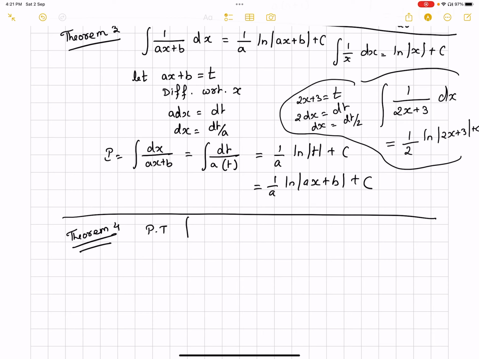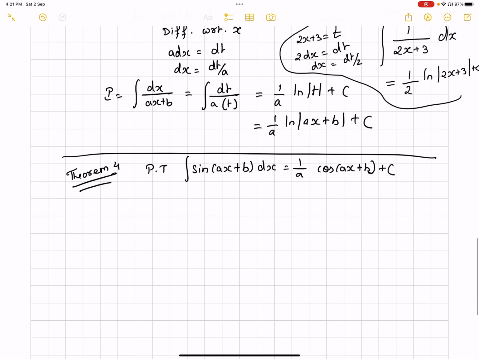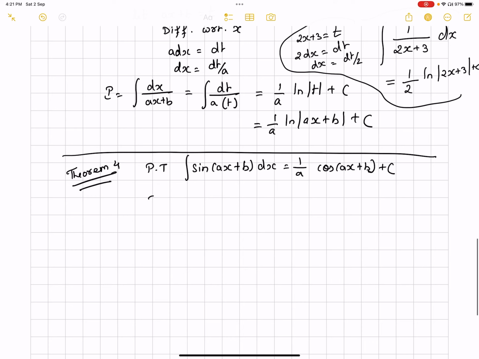Prove that integral sine of ax plus b dx is equal to minus 1 by a cos of ax plus b plus c. So, as usual, the procedure: I'm going to consider this LHS as I. And then I would go with the substitution, the one which is preserved inside the bracket.